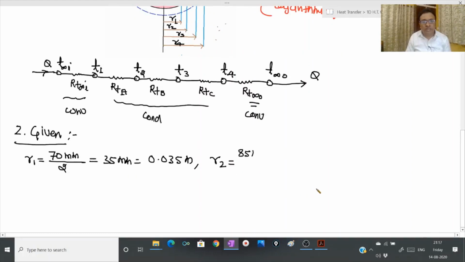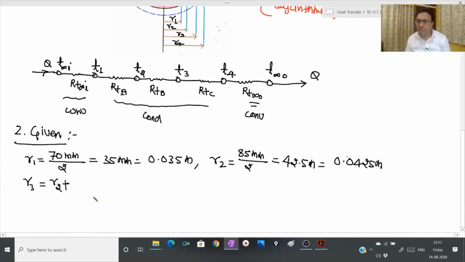Outer diameter is given at 85 mm, so radius will be 42.5 mm, which is equal to 0.0425 meter. Then R3 is the outer radius of asbestos insulation. So it is nothing but R2 plus thickness of the asbestos insulation.